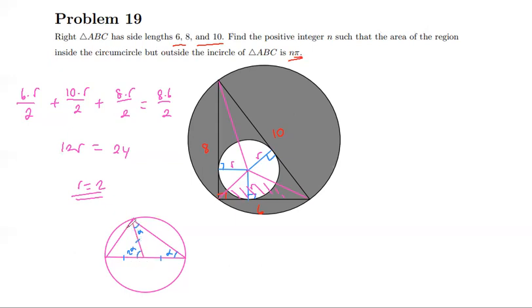Now I'd like to get this angle and this angle. I'm going to call this angle beta, and this one beta as well. In this triangle, 2 beta plus 2 alpha is equal to 180. So alpha plus beta is just 90 degrees.